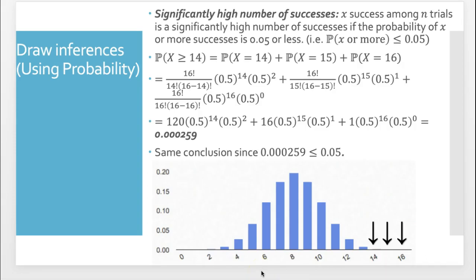So what I'm going to do here is find the probability. I want to know if this number of 14 babies is significantly high. We're going to talk more about this when we get into inference, but I want to find the probability of a binomial, just throwing it within the context of this experiment here.